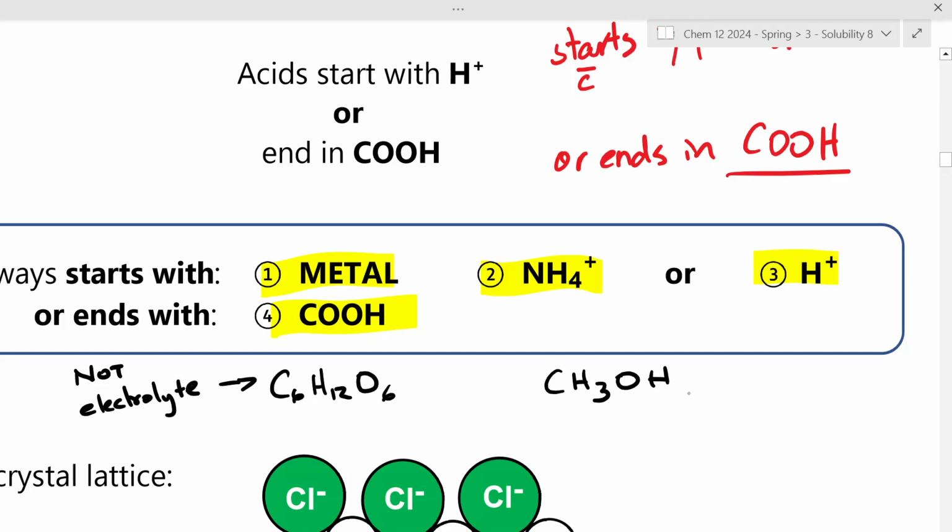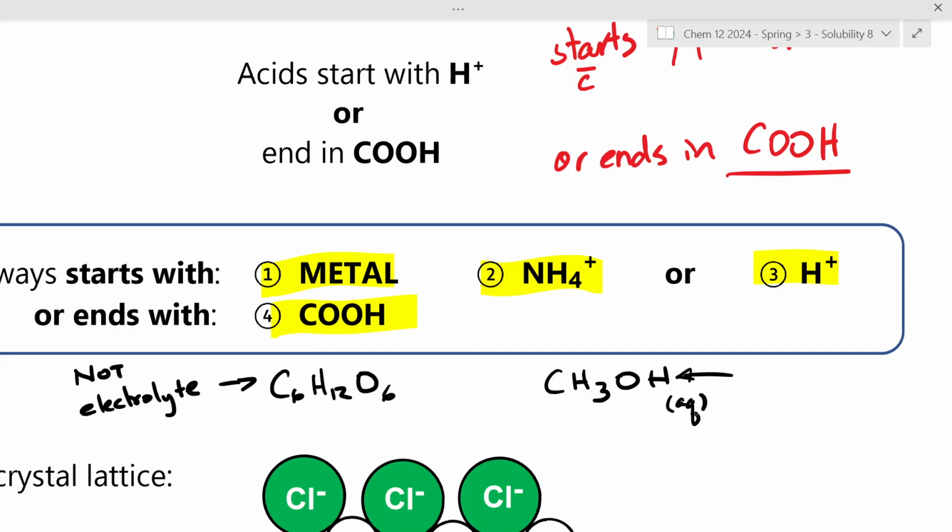All right, how about CH3OH? Is that an electrolyte? Does it start with a metal? No. Does it start with NH4? No. Does it start with H? No. Does it end in COOH?